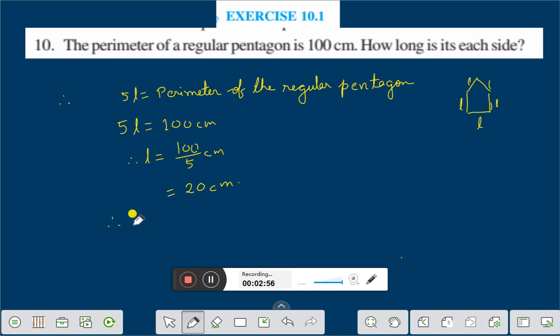Therefore, the length of one side of the pentagon is equal to 20 centimeter.